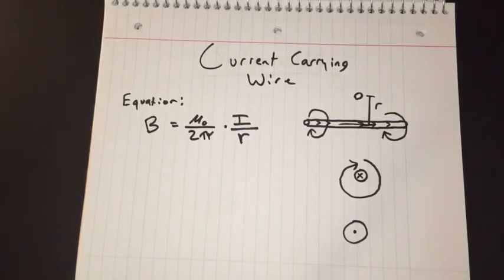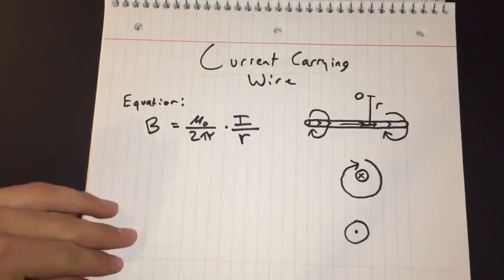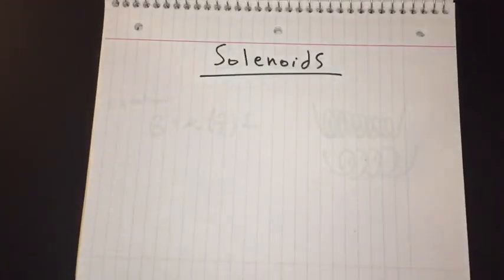So now that we're done talking about current carrying wires, we can move on to solenoids. Solenoids are purposely designed to create a constant magnetic field within the solenoid, similar to in electrostatics when we have parallel plates.